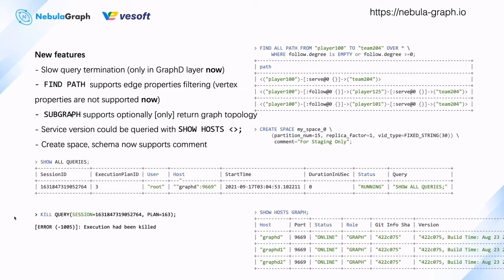Next one is the subgraph. Previously, our subgraph would fetch everything, including the edges, the vertices, and all the properties by default, without options to disable it. Now we bring this option to the user.